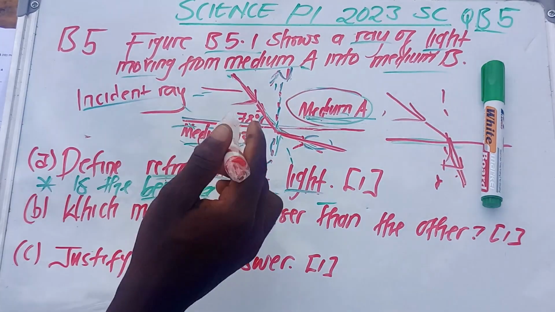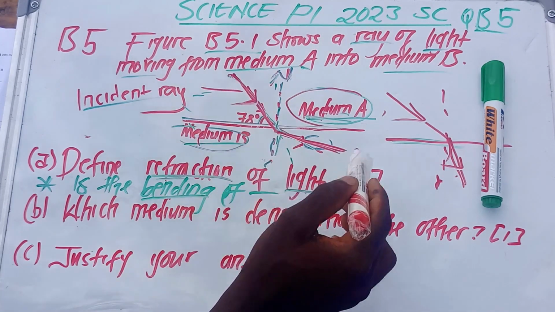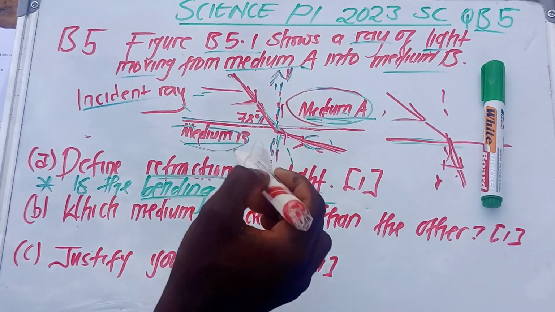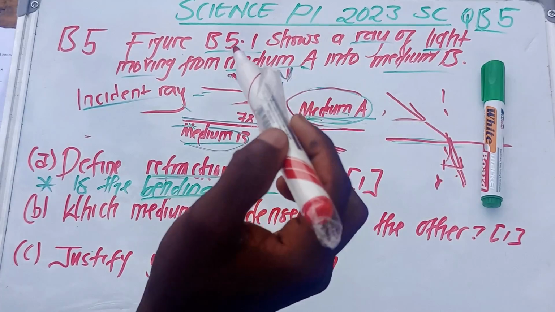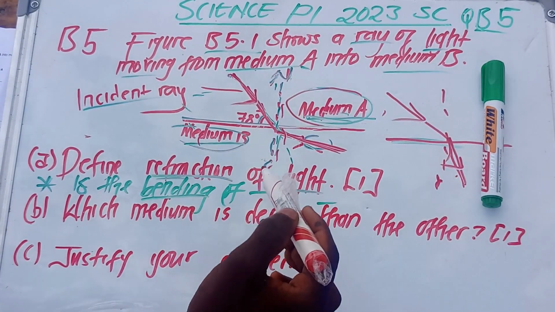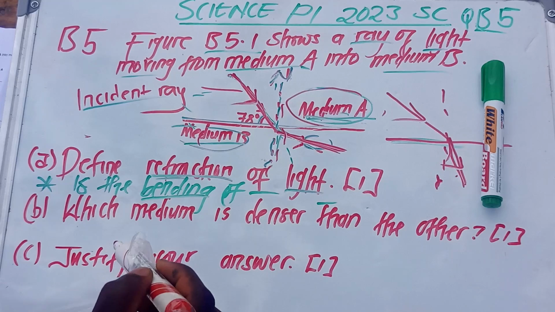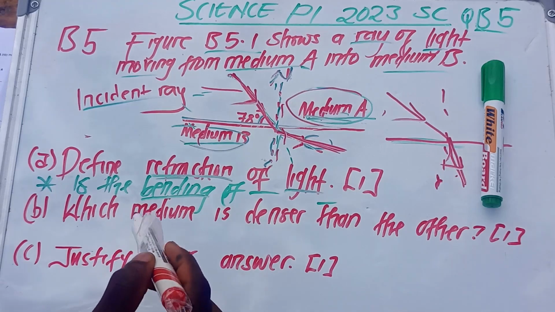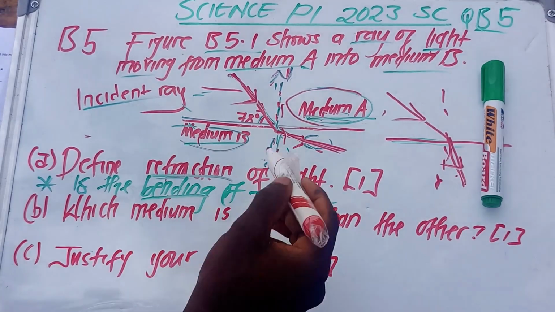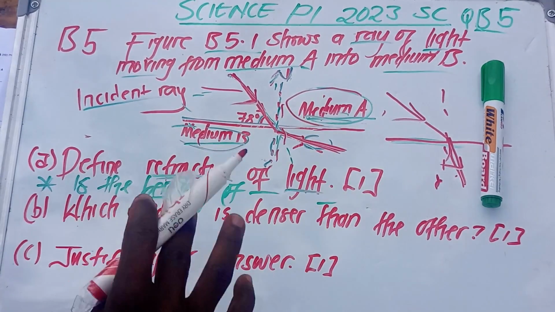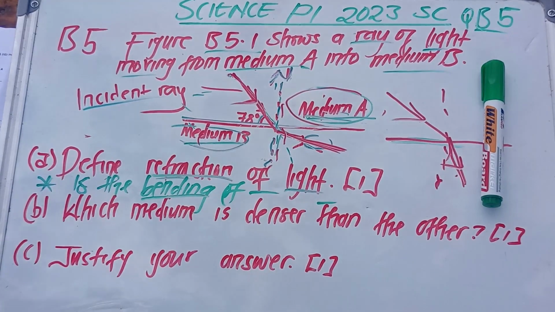In our case, the ray of light has bent away from the normal, and this tells us that medium A is denser than medium B. So medium B is less dense than medium A. This one is denser than this one. So that is basically what you're supposed to know.